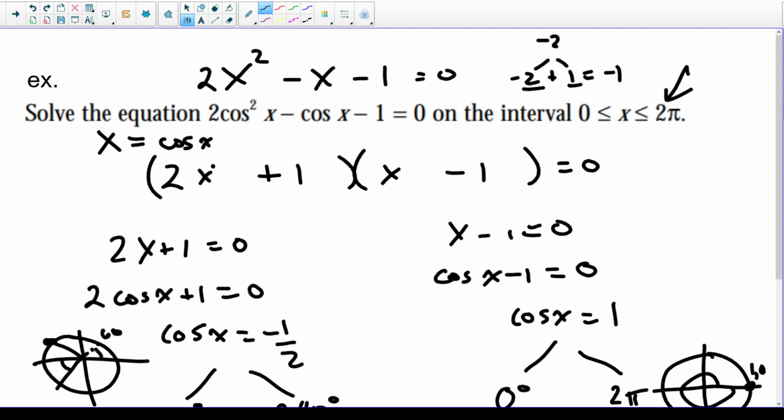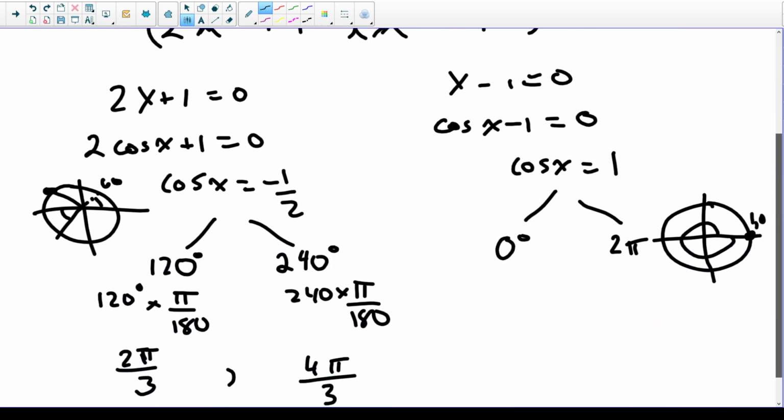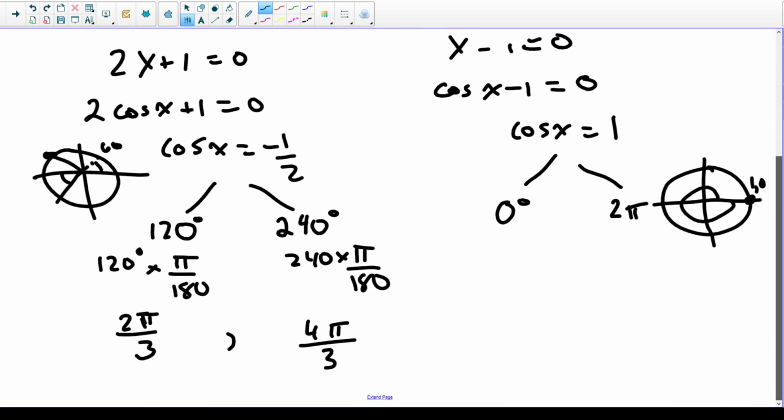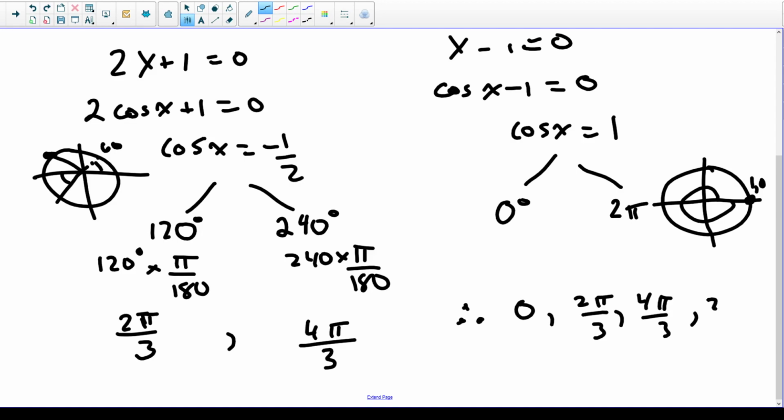So we replaced all of our little x terms by big X's, factored it as a quadratic, found what the solutions would be quadratically, and then resubstituted in the cosine little x. And then we started doing the trigonometry solutions. So our answers are 0, 2 pi over 3, 4 pi over 3, and 2 pi.